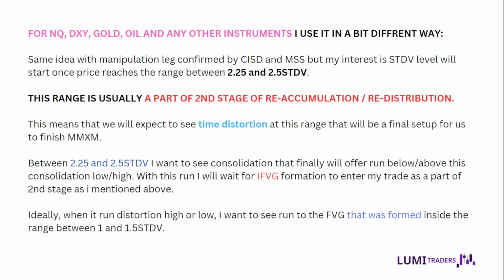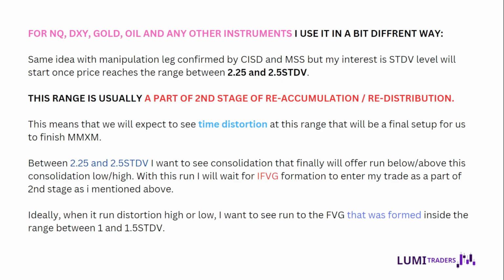Between 2.25 and 2.5 standard deviation, I want to see consolidation. Basically, time distortion is a consolidation that finally will offer a run below or above this consolidation low or high. With this run, I will wait for inversion fair value gap formation to enter my trade as a part of the second stage of reaccumulation or redistribution that I already mentioned above.